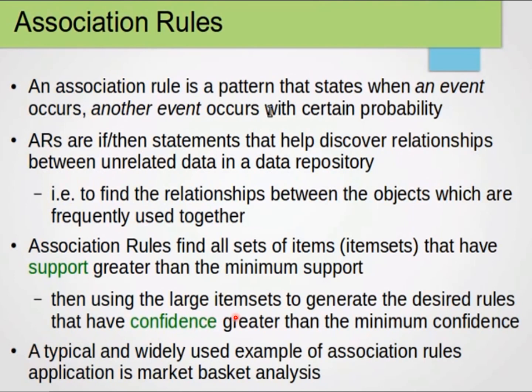Then, using the large item sets to generate the desired rules that have confidence greater than the minimum confidence. So once you identify all the item sets that have a support more than your minimum support, you will be using the large item sets to generate rules that you are confident about more than your minimum confidence.